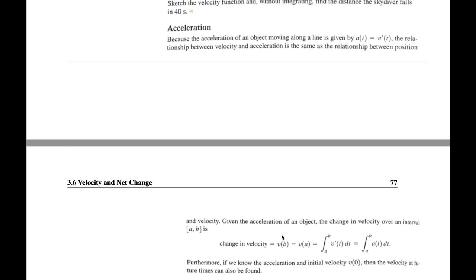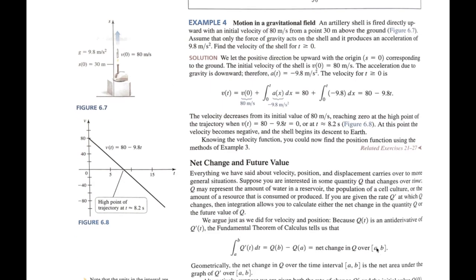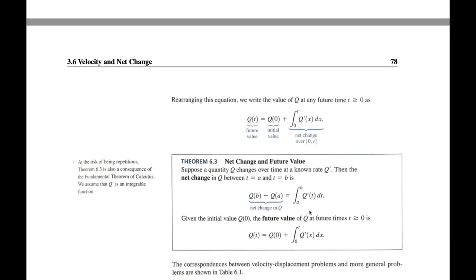Whenever we know the derivative of something, how something changes, then we can get back this something by integration. For instance, the acceleration is the derivative of the velocity. If we know the acceleration, we can find the velocity. And in general, if we know any quantity q and we know how this quantity changes, then integration gives us back the quantity itself.